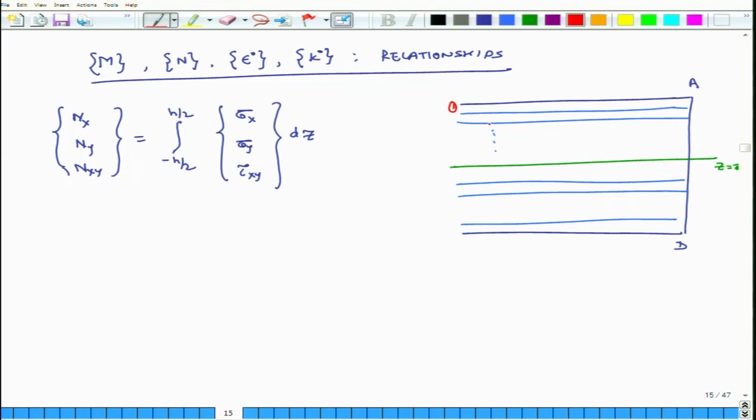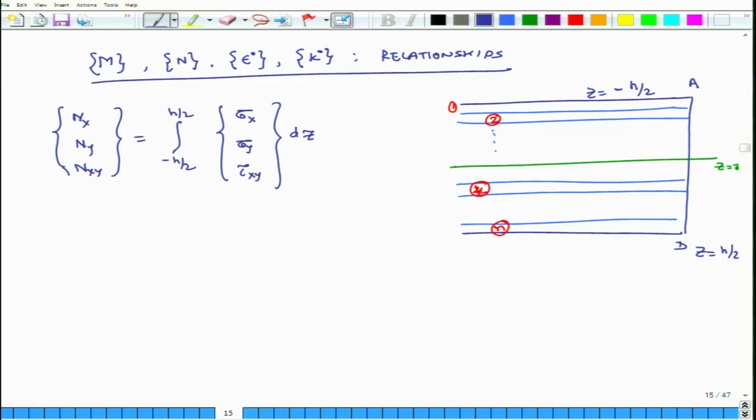The overall thickness is h. From the mid plane the top point is h by 2, the coordinate of point A, and the bottom one, because z is going down positive, is z equals h by 2, and here z equals minus h by 2 on the top layer.